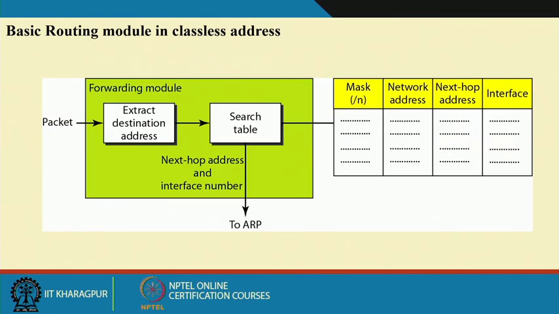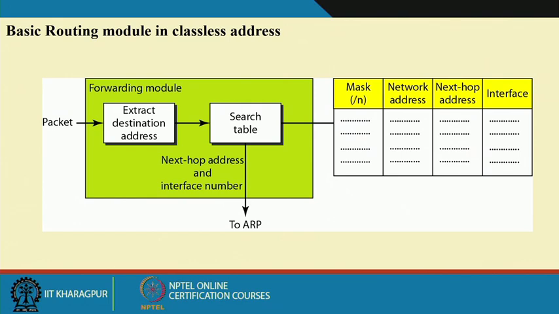Now, if we look at the very fundamental structure of a particular router: once it receives a packet, you need to extract the destination address from the IP address block. As we discussed earlier, these routers are layer 3 switches, which are enabled up to the network layer.